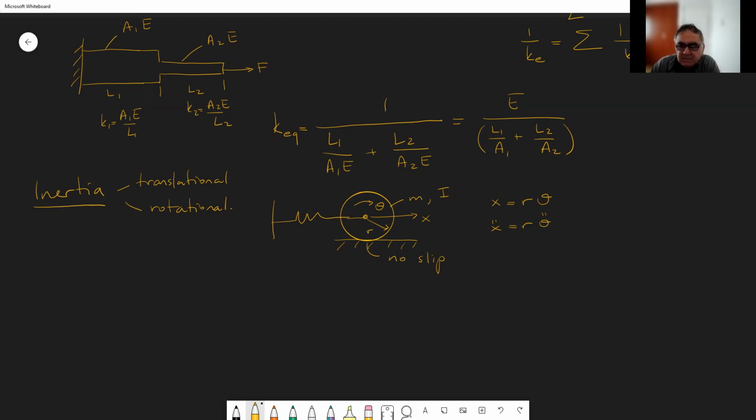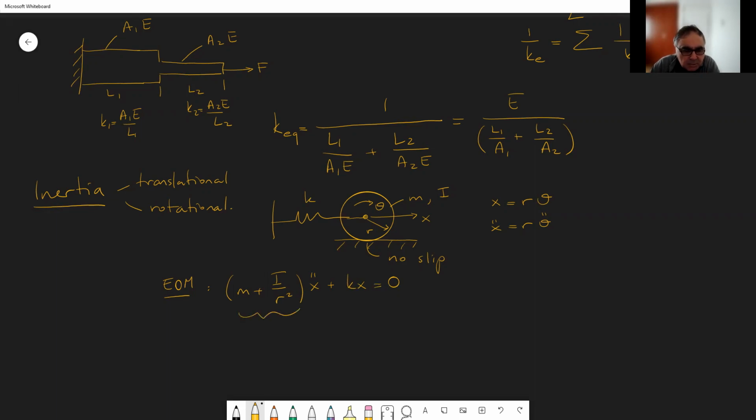In this case, it's quite easy, and I have actually done it before. You can find that the equation of motion is (m plus I over r squared) x double dot plus kx.